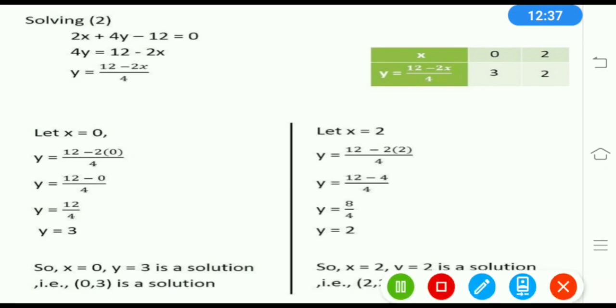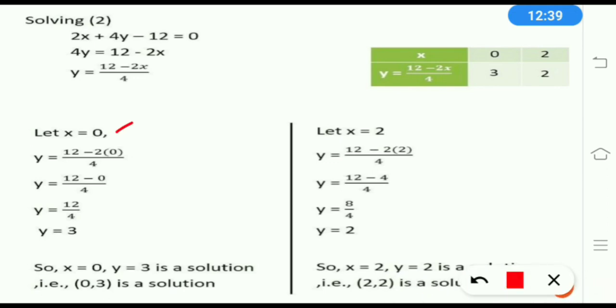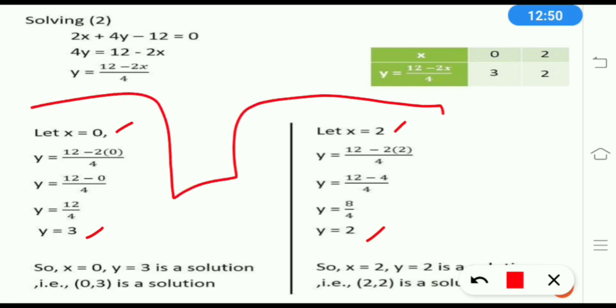So if we take x equal to 0, then we get y equal to 3. Again if we take x equal to 2, then y equal to 2. This part you can do in your rough paper. Okay, and after that you just write this: when x equal to 0, y equal to 3, when x equal to 2, y equal to 2. Clear?